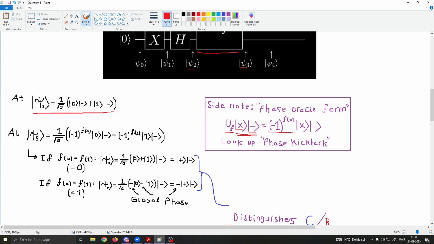Now I'm not completely sure, but I think this is a consequence of another phenomenon, which is a whole different rabbit hole called phase kickback. You can look it up and you will have it covered in your course. I didn't feel like reading up on this, but I think this result is related to this phenomenon.